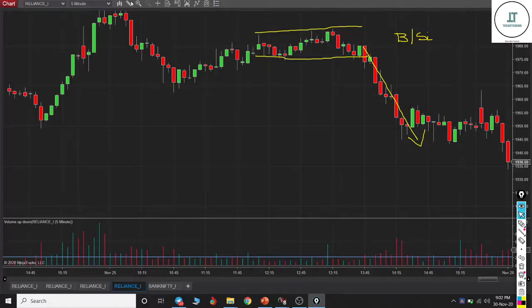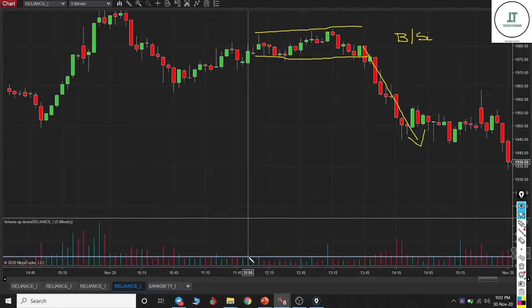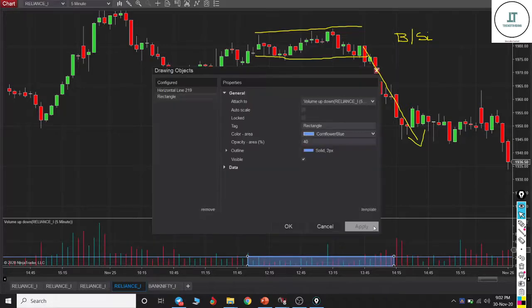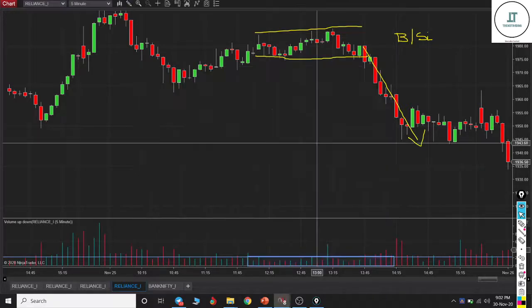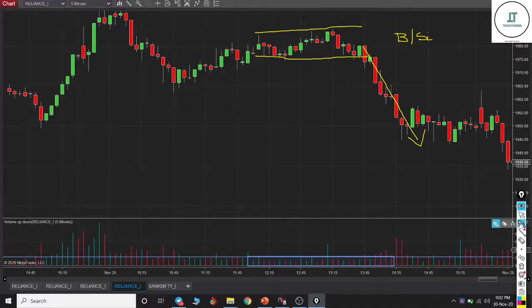Let me draw and show you. So what information are we getting, what data? I always use the terms data and information. This is the box. You could see the volumes are very low, below the stable point. This tells us volumes are low.